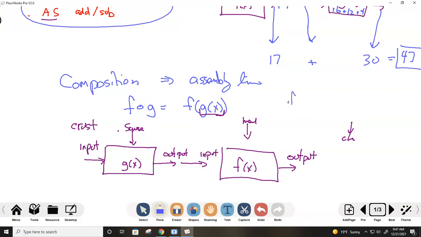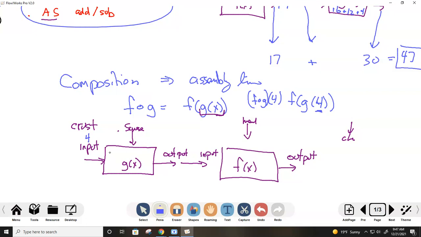So if I wanted to do f of g of 4, which we would write as f composed with g of 4, I have this input of 4, but that input only comes here to my g.